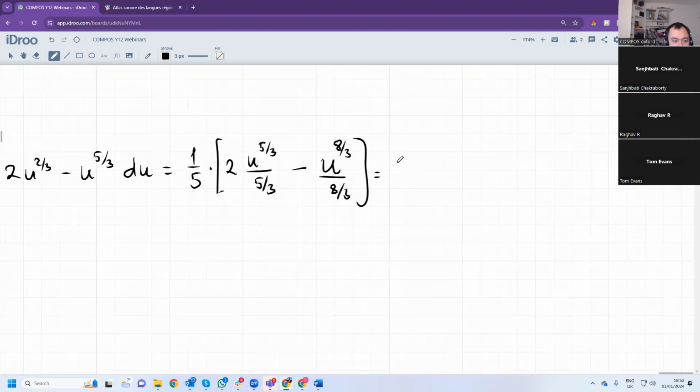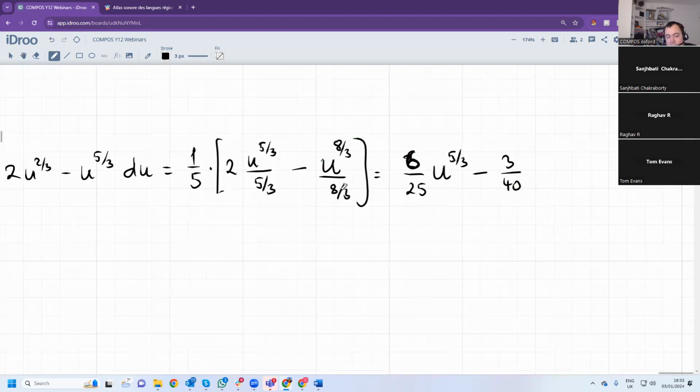It's going to be 2 times 3, so it's 6 over 25, u to the power 5/3, minus 3 over 40, because 5 times 8 is 40.